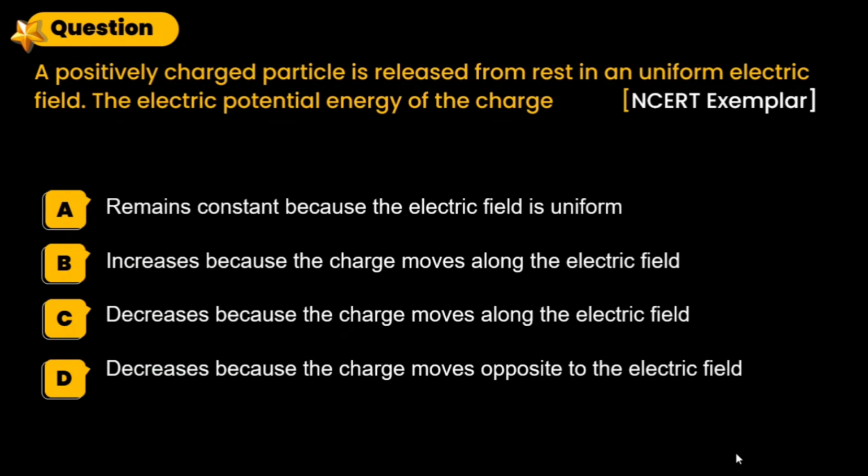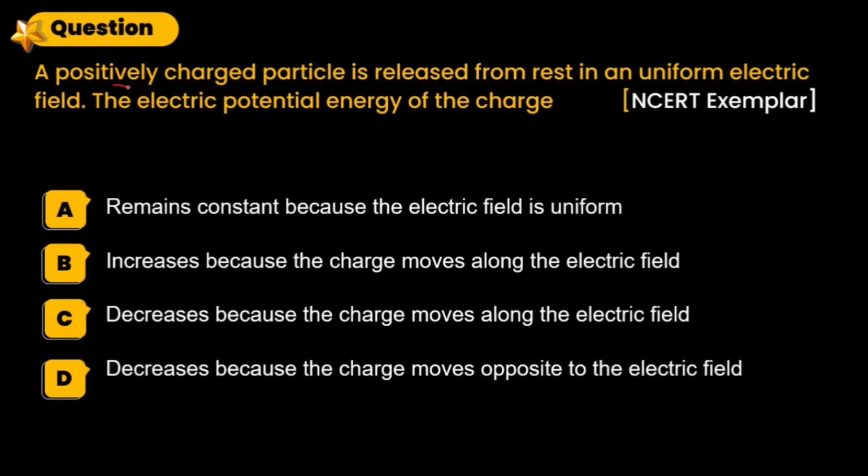We have to think about how the electric potential energy of the charge will change. It is given that the charged particle is positive in nature and it is released from rest. If it is released from rest in a uniform electric field, what will the electric potential energy of the charged particle be? Just think about it.